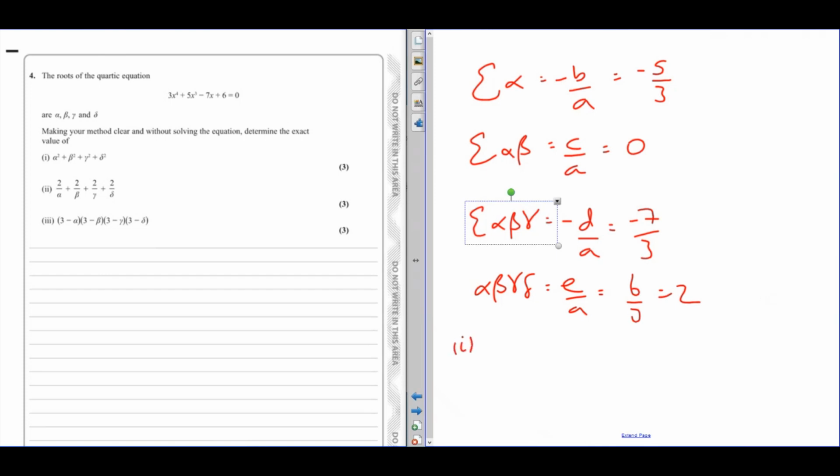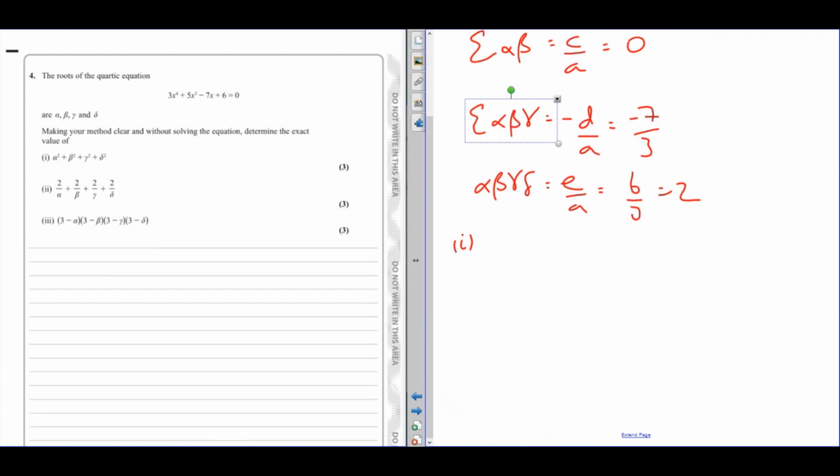So the first part of this question asks me for the sum of the roots squared. You could work out a formula for this each time, or you can memorize this formula: the sum of the roots squared is equal to the sum of the roots all squared minus 2 times the sum of the product pairs.